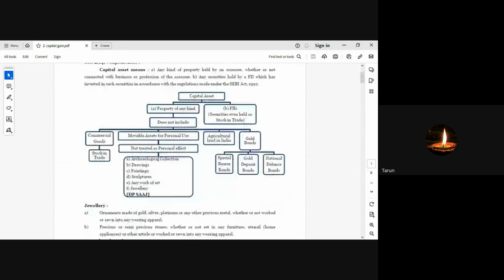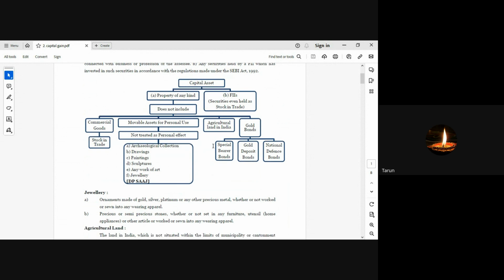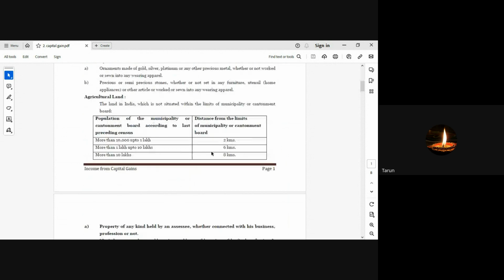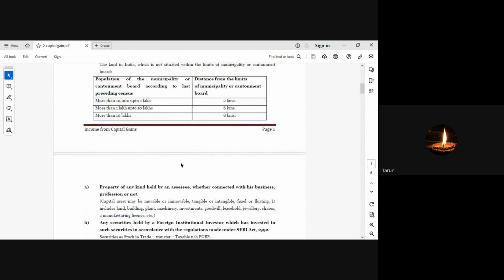There is also a chart given over here. Capital asset is property of any kind; what it includes and what it does not include, I already taught you in the slides. Of course, in the notes as well, it's written in the same manner, right? So jewelry, agricultural land, whatever, is not included under capital gain.